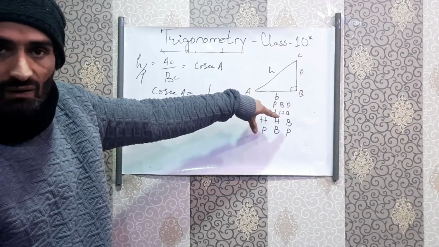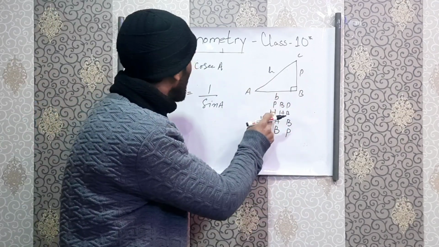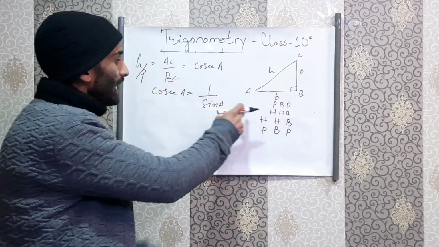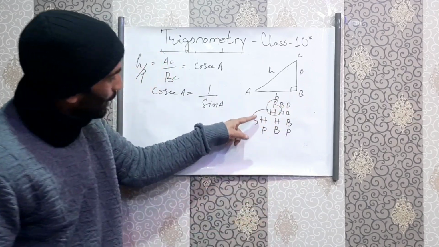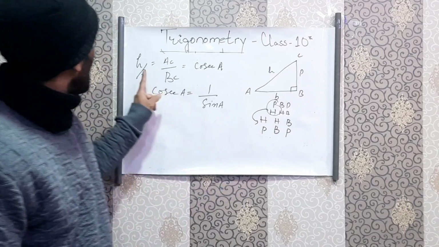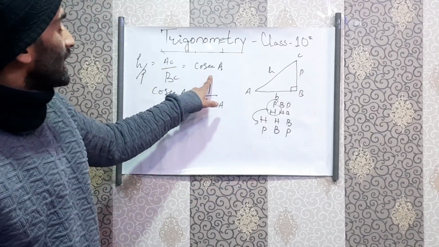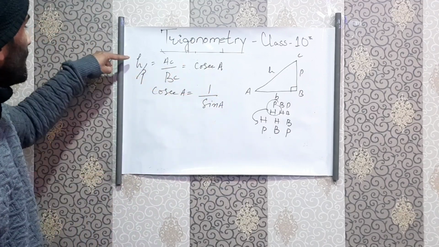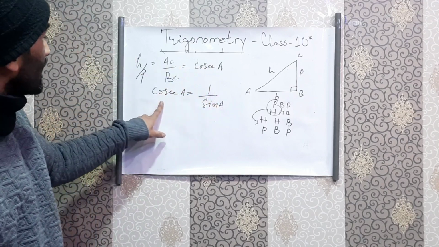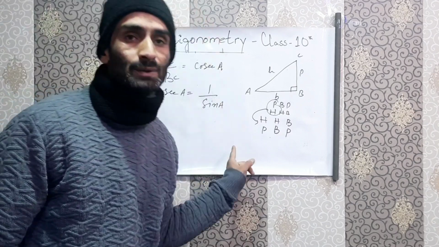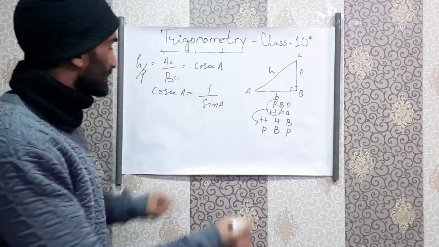Because just now we have learned perpendicular by hypotenuse is sine, and now we have written the reciprocal of this, that is hypotenuse by perpendicular. We call that cosec A, and cosec A is the reciprocal of sine A, that is 1 by sine A.